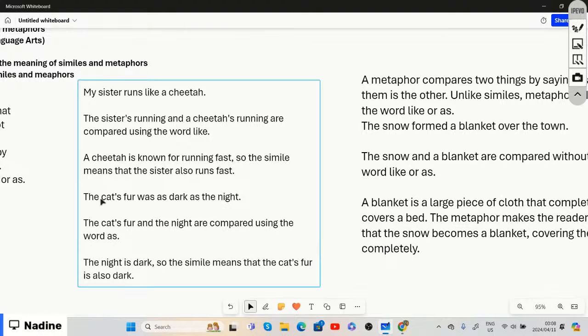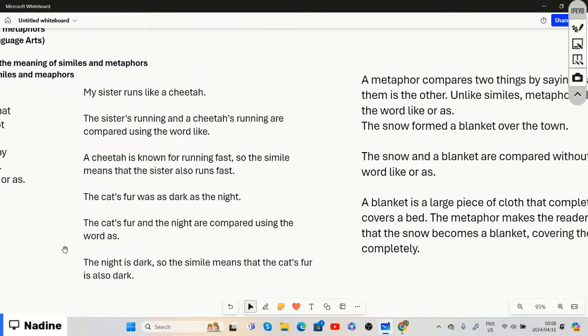All right. And here we have another example which says that the cat's fur was as dark as the night. So we see that the cat's fur is being compared to how dark the night is.